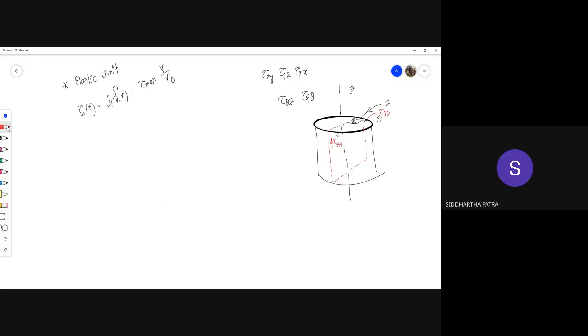If I were to draw the shear stress situation on the circumference or on the outer section, let's say I took two planes that are perpendicular to the z direction, and then two more that are perpendicular to the theta direction.